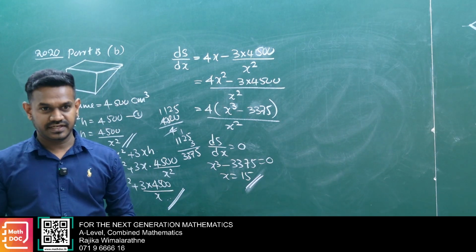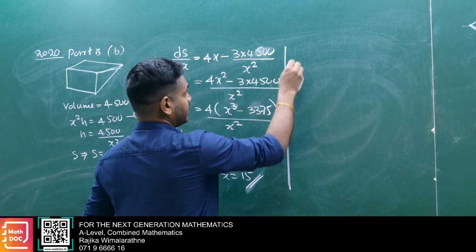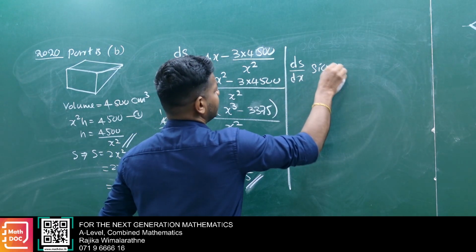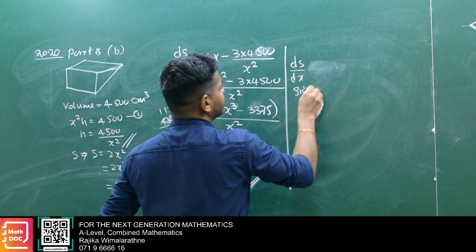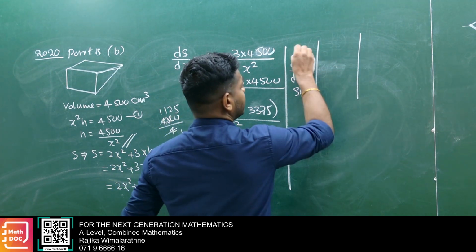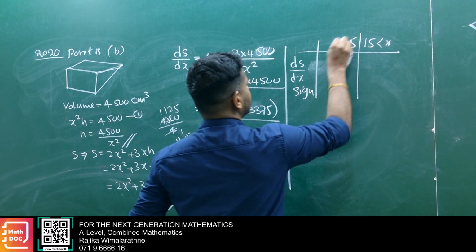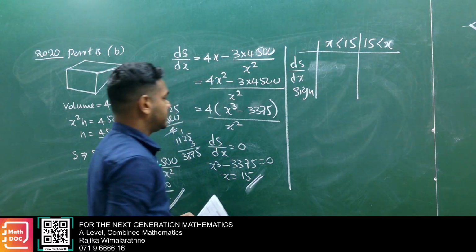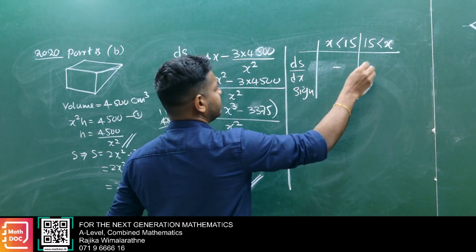x equals 15. Then check the sign of ds over dx about this 15 value. Less than 15 it is negative, greater than 15 positive.